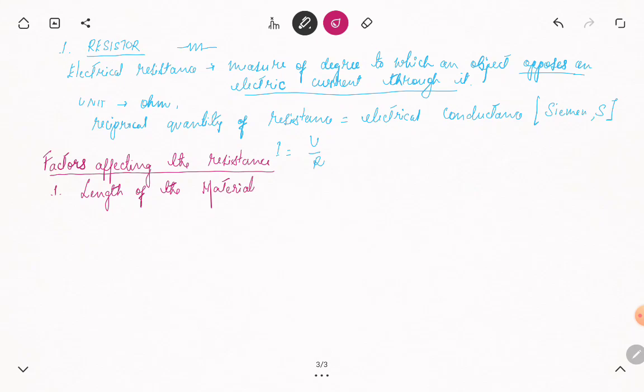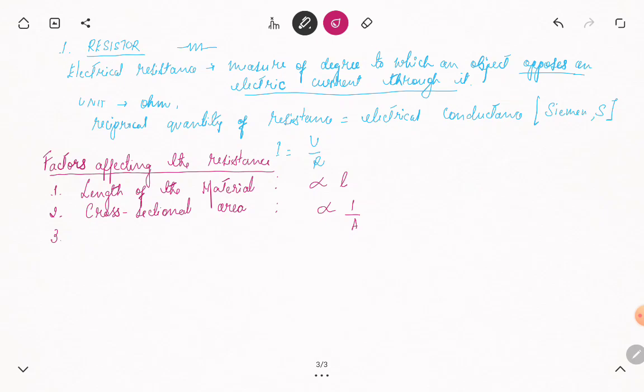Resistance of a material is directly proportional to the length of the material. Then you have the cross-sectional area. Resistance of a material is inversely proportional to the cross-sectional area of the material.